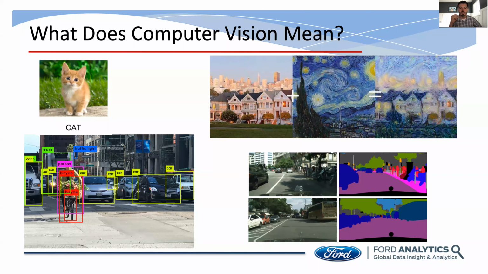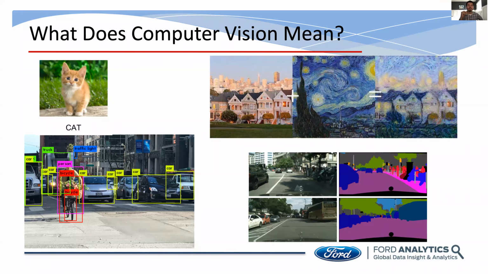So the goal there is to give a pixel-wise explanation of which pixels are cars, which are the road, which are the background, which are people. Obviously, you can imagine why, if you're trying to teach a car to drive, this would be useful to be able to do.